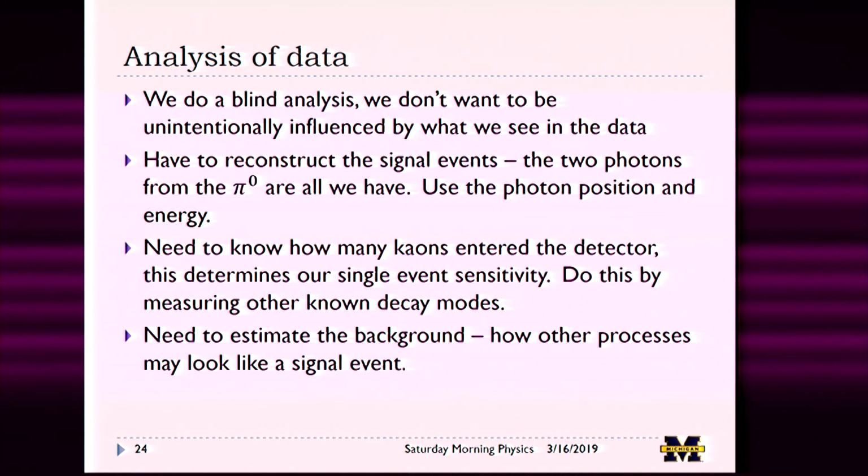Once we've collected this data, we have to do an analysis. We do what's called a blind analysis. That is, we don't look at the data until we have all of our analysis tools in place, because we don't want to be fooled by looking at the data and making our analysis choices based on what the data is telling us.